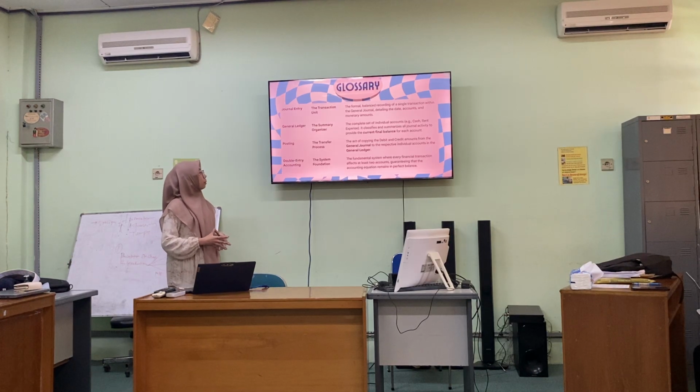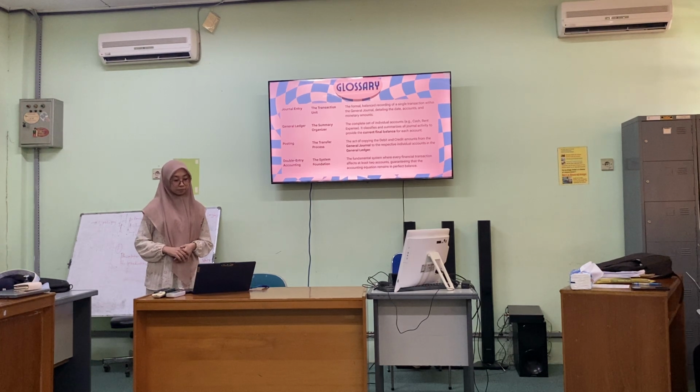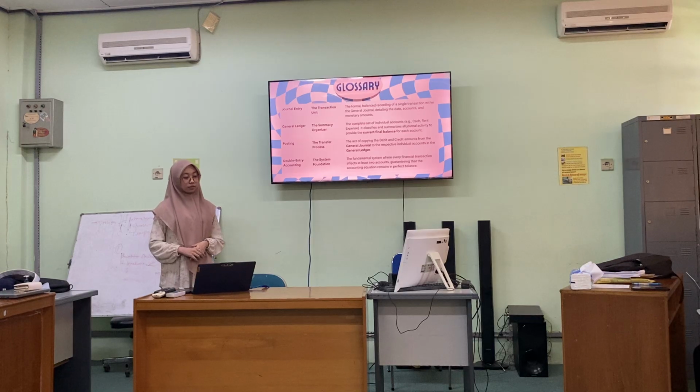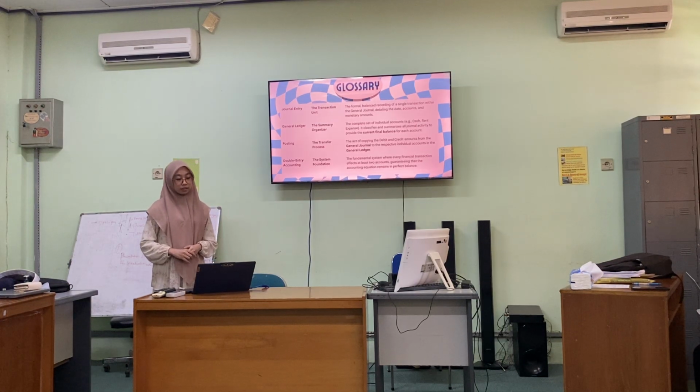The act of copying the debit and credit amounts from the general journal to the respective individual accounts in the general ledger. And then double entry accounting, the system foundation, the fundamental system where every financial transaction affects at least two accounts, guaranteeing that the accounting equation remains in perfect balance.